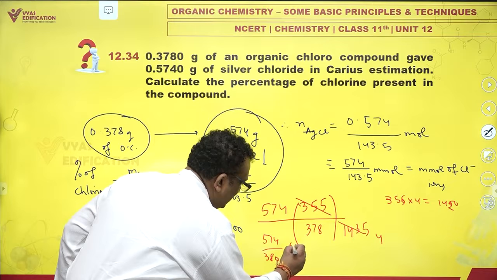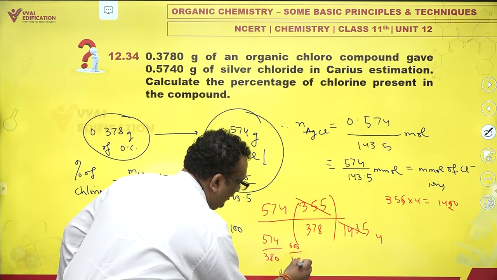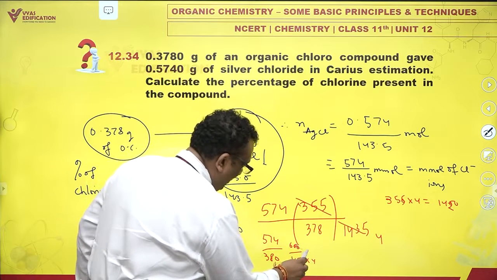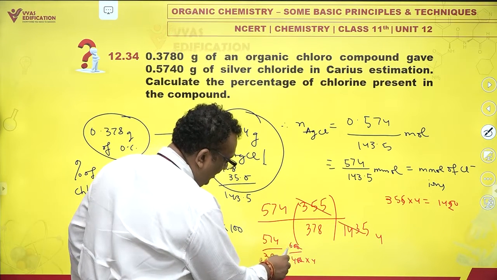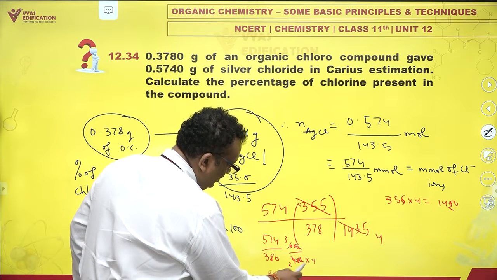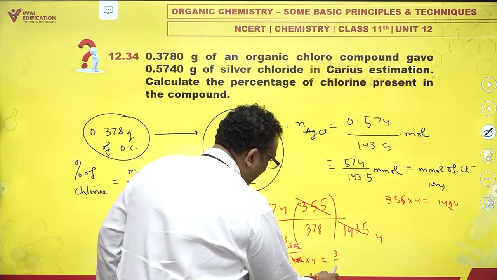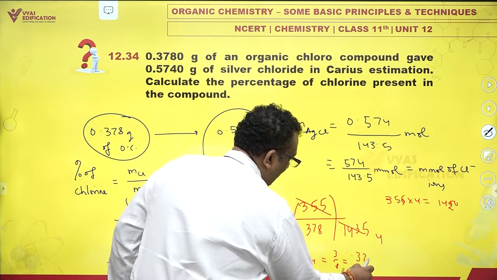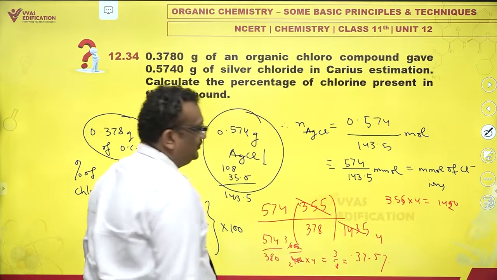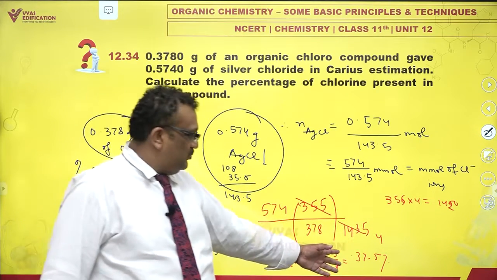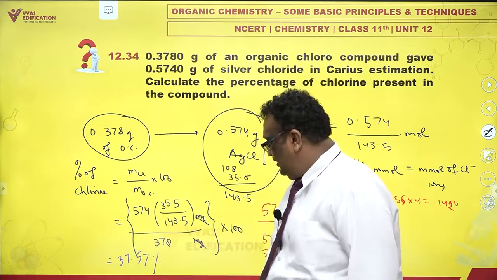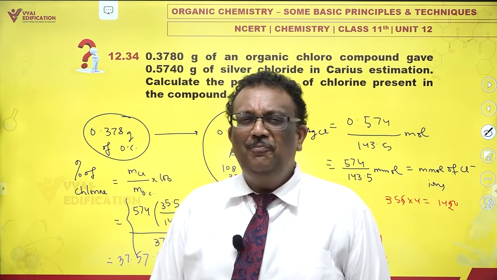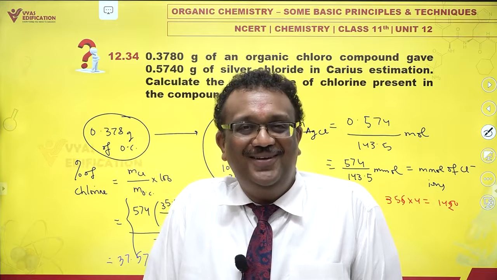I could make it 600 and I could make this 400. Just see how it works out. Well, this is 3 and this is 2. This is roughly 3 by 8. 3 by 8 is 0.375, so I'll get 37.5%. By this approximation also I get 37.5%. Accurate answer is 37.57%. Pretty close. I think I'm good. There we are.